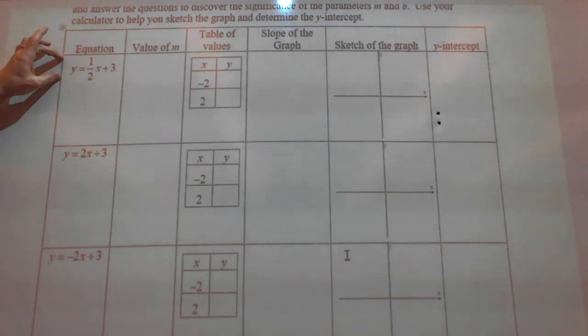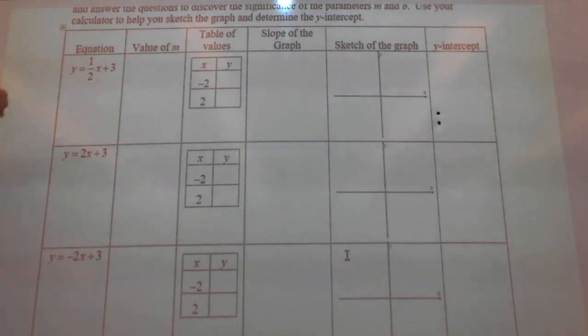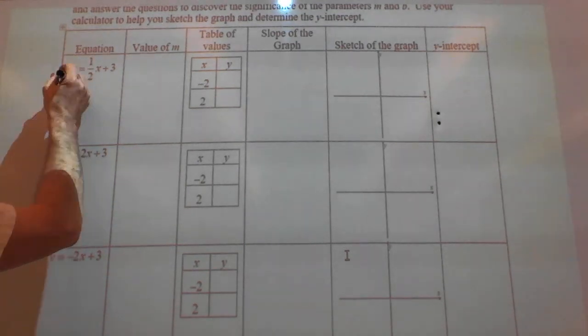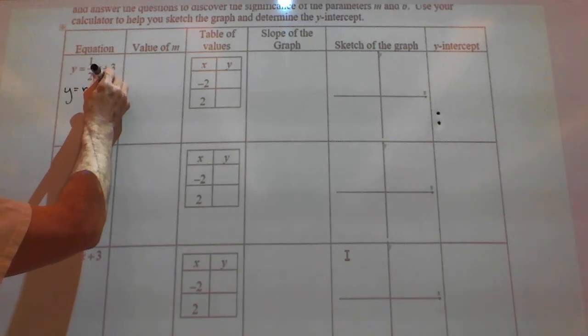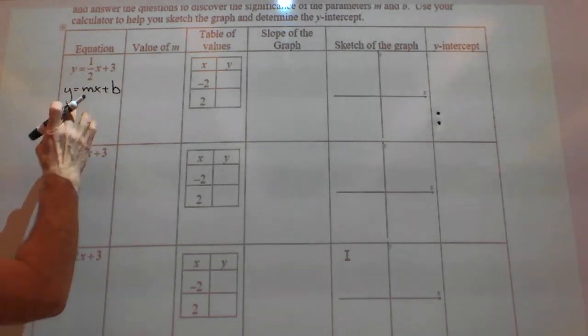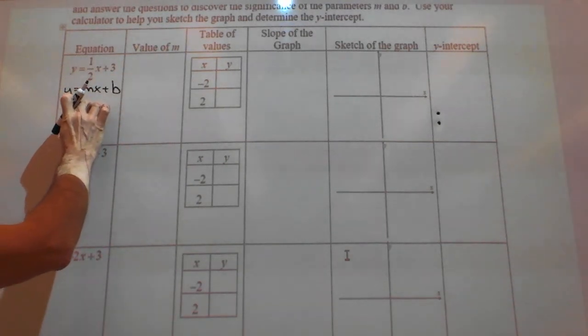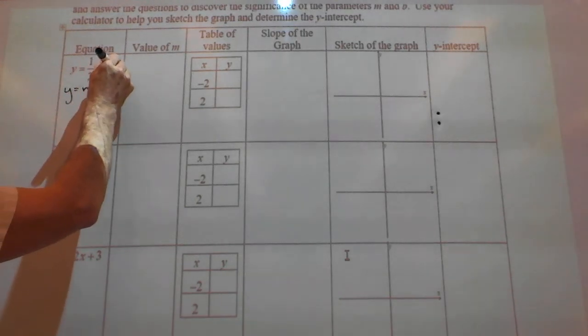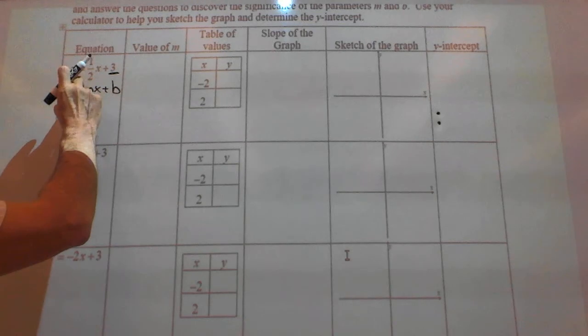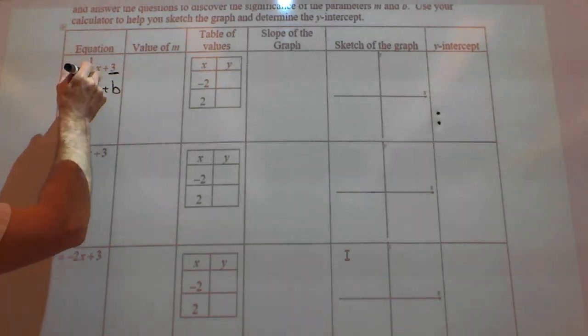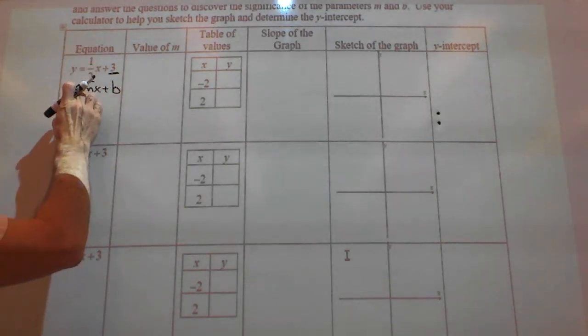Here's an example of a linear equation. Remember, it's in the form y equals mx plus b. And as soon as you see that, you can see that this number here is your value for b. This number here is your value for m.